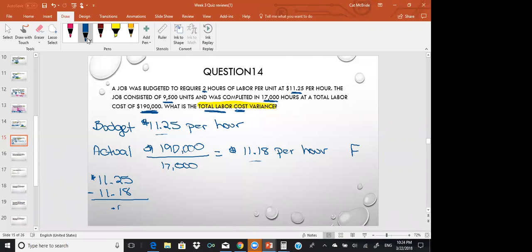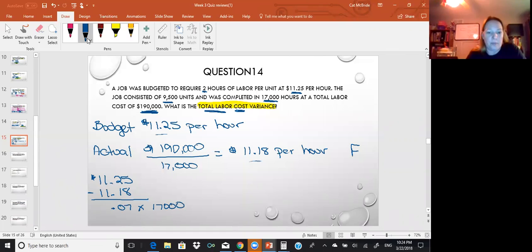We worked for 17,000 hours. So 7 cents times 17,000 hours is a total cost of $1,190. So our variance would be $1,190, and it's going to be favorable. Are we good there?